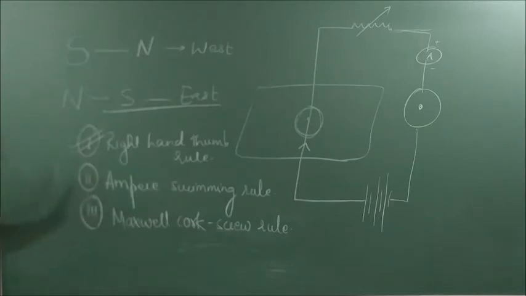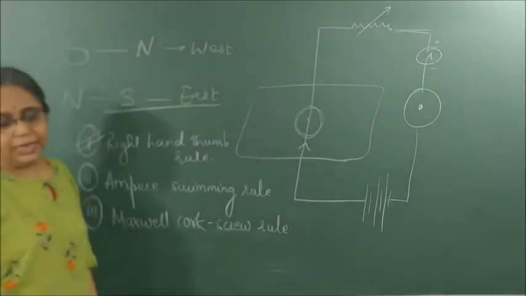Only these names are required. A lot of schools will teach all this, but it is not asked at this level. We should only know the right hand thumb rule. So now, what is the right hand thumb rule?